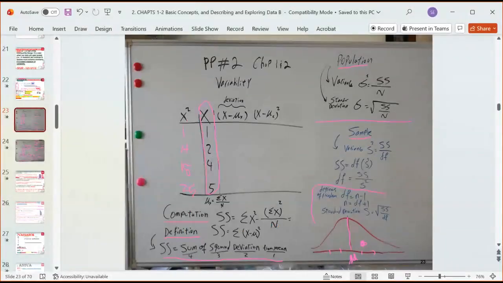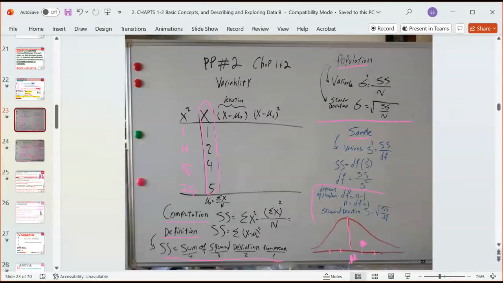You create another set of data called x squared. That means you square each number, each score. The square of 1 is 1, the square of 2 is 4, the square of 4 is 16, the square of 5 is 25.